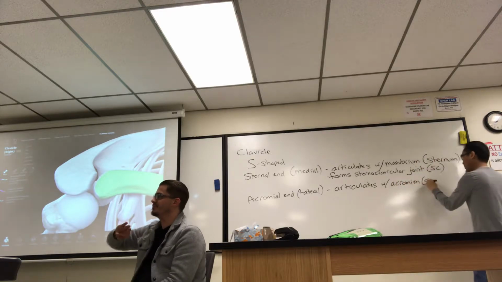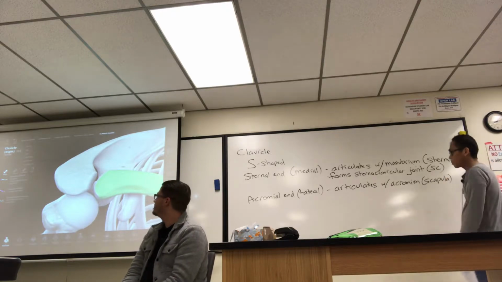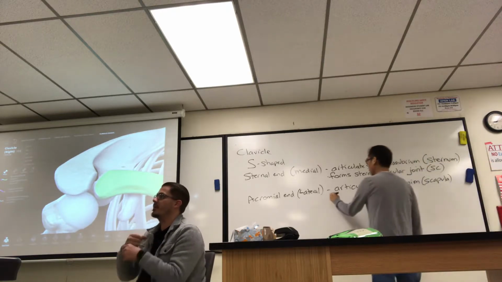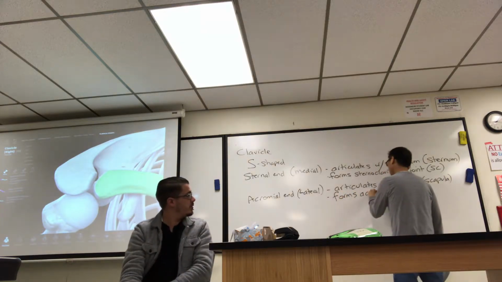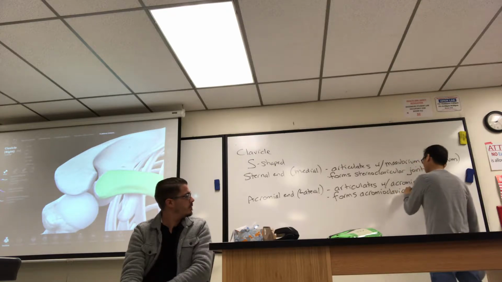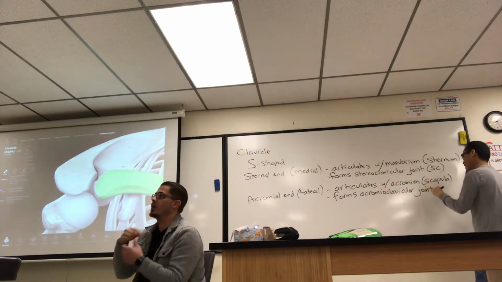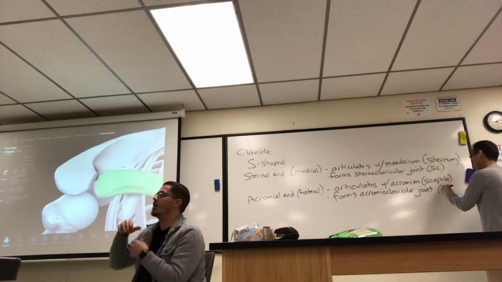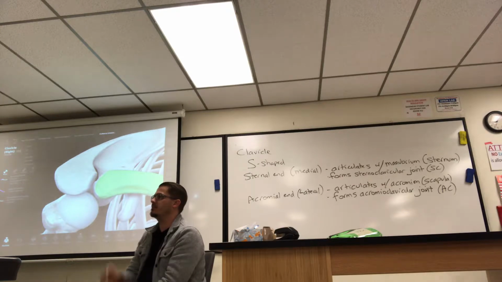Okay, that's of the scapular bone. And that forms the acromioclavicular joint. Now that joint for short is referred to as the AC joint. I see that term a lot.